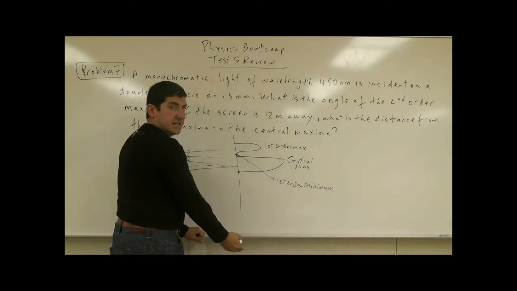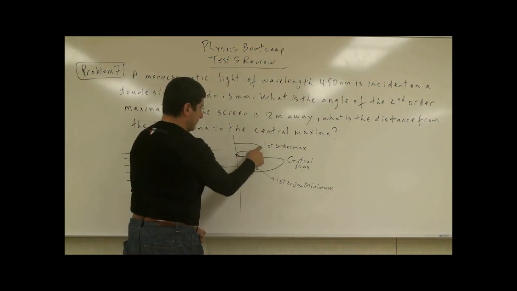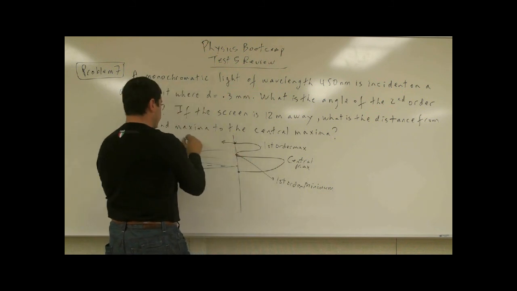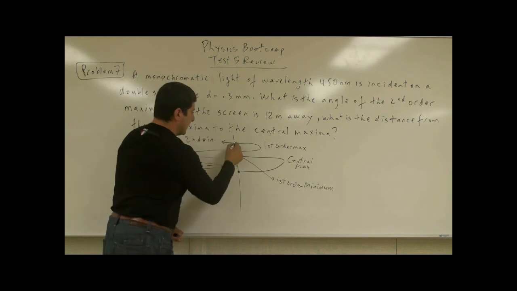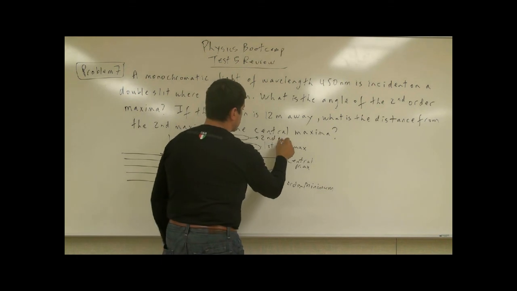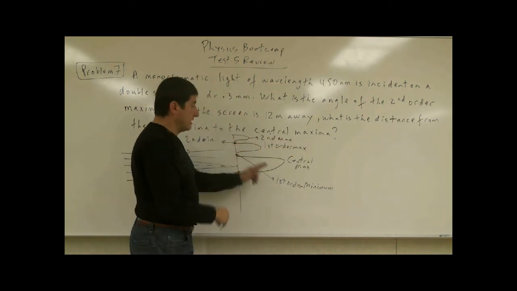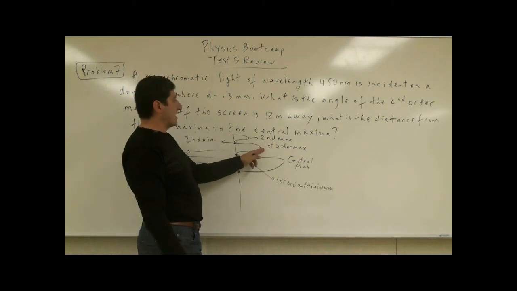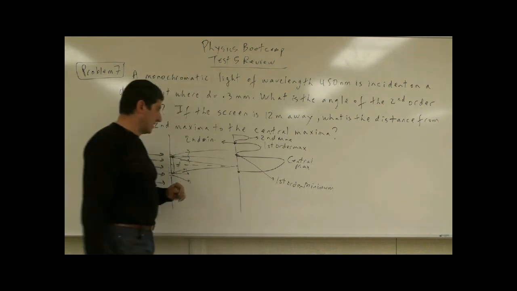And then the same thing on the bottom: first minimum, first maximum, central maximum. This one will be the second minimum, and then after that, the second maximum. It's the third brightest one, but since the center one is called the central maximum, this is called first order maximum, second order maximum, okay?